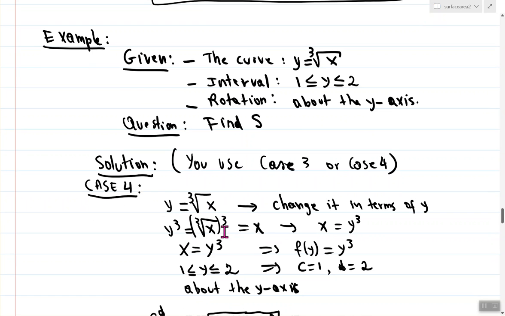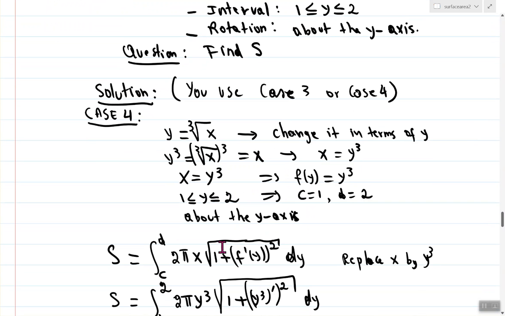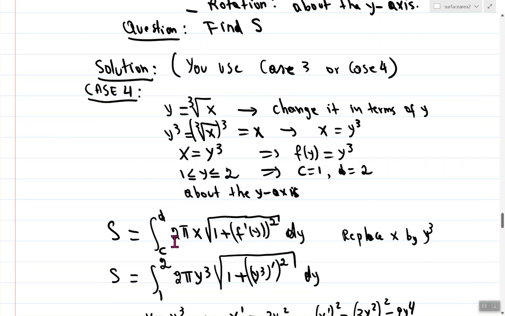To change it, we're going to cube both sides. So you get x equals y cubed. The boundaries are already the y boundaries. c is 1, d is 2. The rotation is about the y-axis. So we know the formula is 2 pi x here, and then you have the arc length in terms of y.